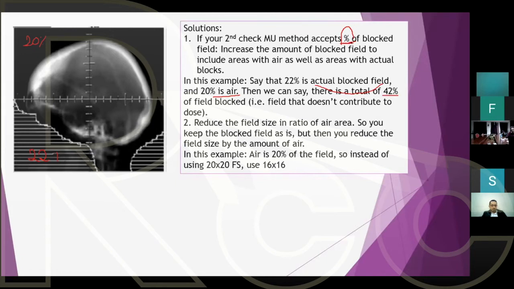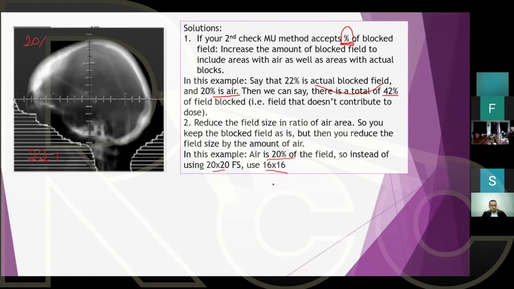Maybe in your clinical protocol, the percentage of blocked field should be the same as the planning system. You don't want to change it. You absolutely have the right to do so. So in this case, how can I take the air into account? I say the air is approximately 20% of the field. Instead of entering a field size of 20 by 20 in the Excel sheet, enter a field size of 16 by 16. So you make your field size smaller by the amount of air in the field.